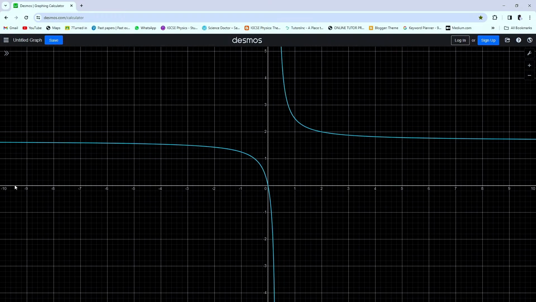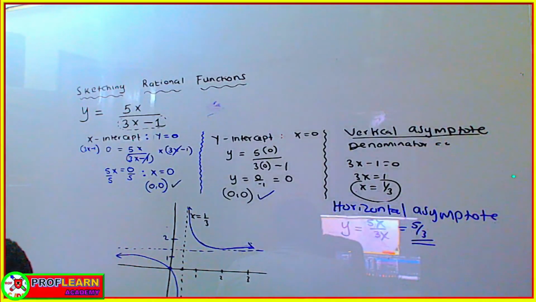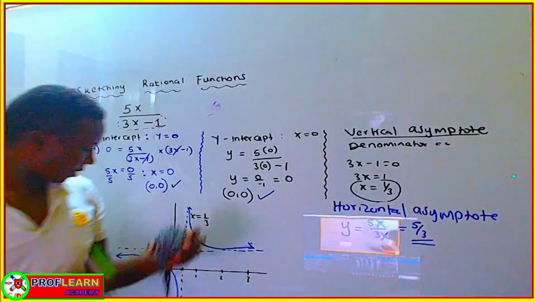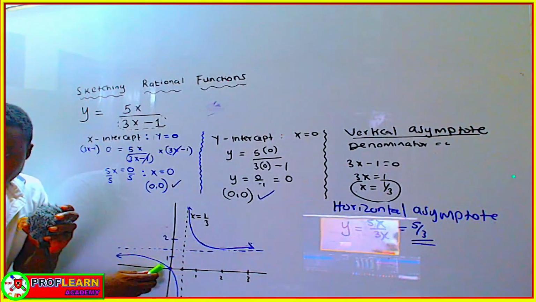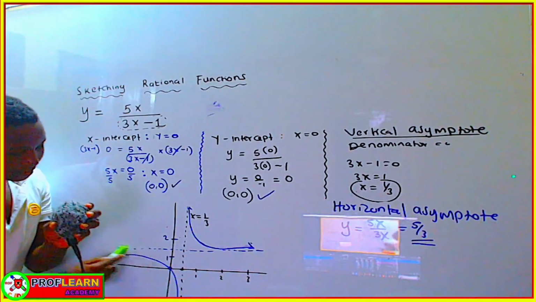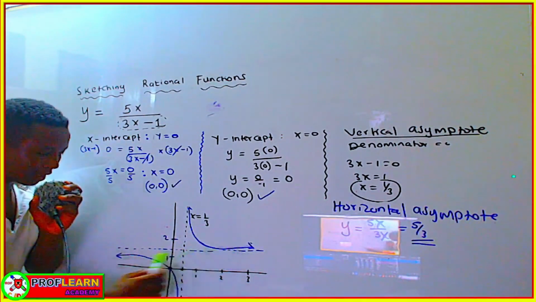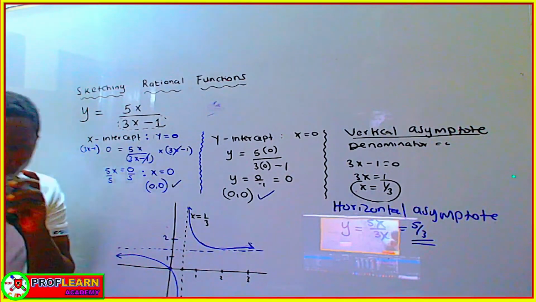According to the graph that we have here, you can realize that this graph is passing through the origin, and in comparison with what we had in our sketch, at this given point this graph is passing through the origin. Then this is the horizontal asymptote, and then we have the vertical asymptote.